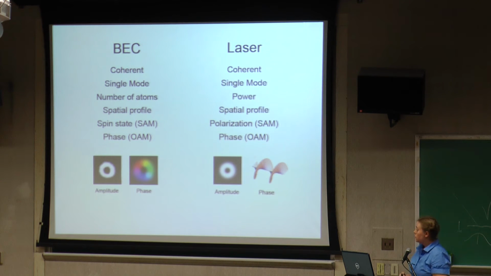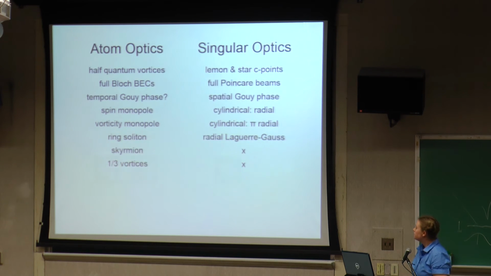Then we also include the phase in describing the BEC. You all know that an azimuthal phase generates a vortex in an optical beam. The same thing is true in the BEC. If you have an azimuthal phase dependence, then you have a superfluid velocity, which is the gradient of that phase, and so you can make a vortex in the condensate.